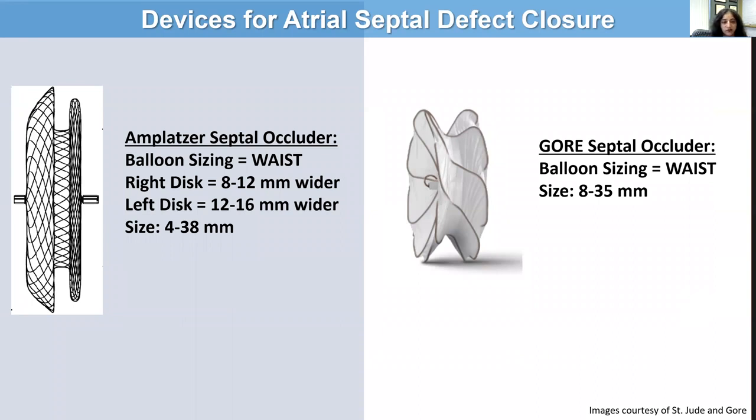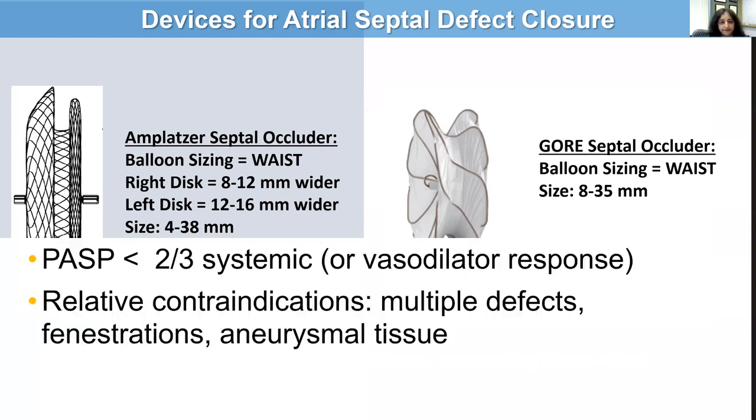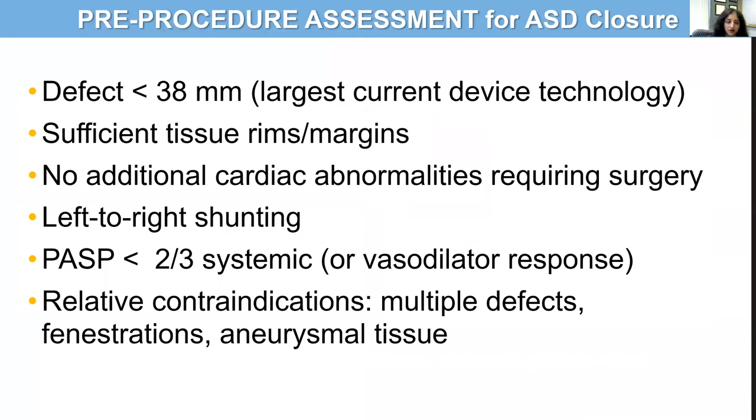They both are sized by balloon sizing during the cath lab procedure, up to a maximum of 38 millimeters for the Amplatzer and 35 millimeters for the Gore septal occluder. So as you can see, 35 millimeters is a pretty solid size atrial septal defect that can be closed percutaneously. These are the TEE parameters for ASD closure.